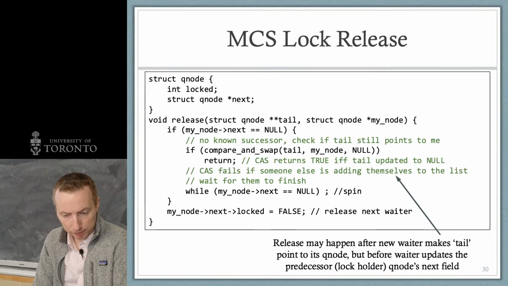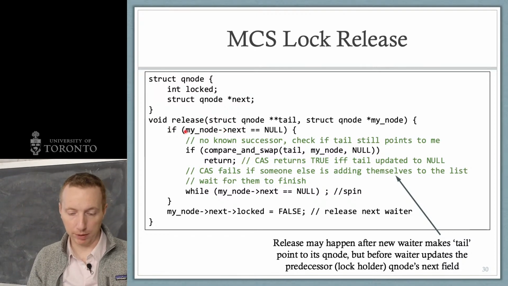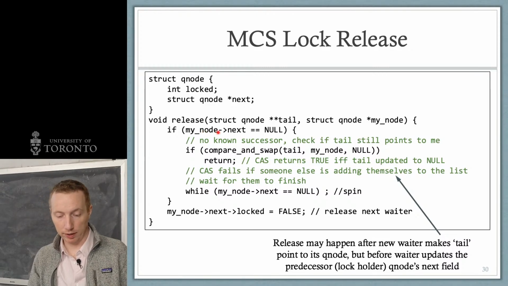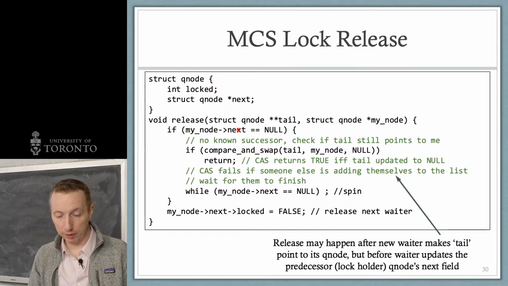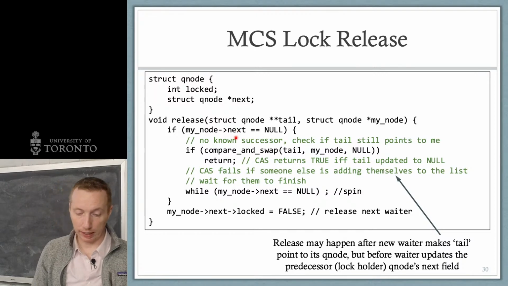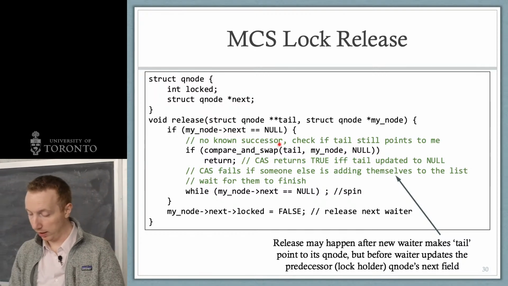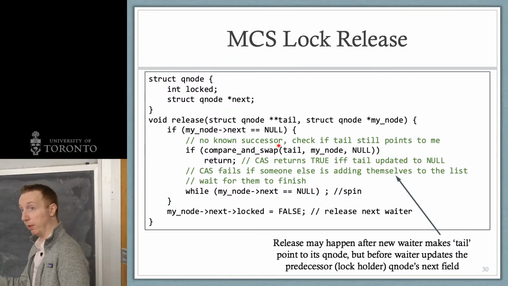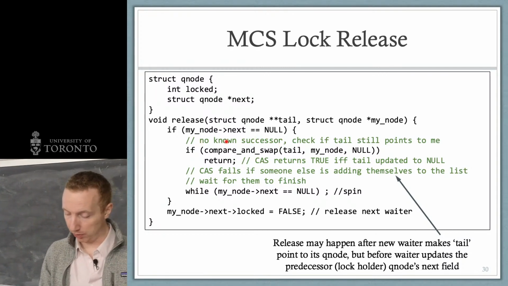So in the release, what that would look like is it would need to check, hey, is my node's next equal to null? Well, if it's equal to null, then I have no known successor. So I need to go ahead and check if the tail still points to me. That's the case where something else might get added after I check, and we do a context switch right here.